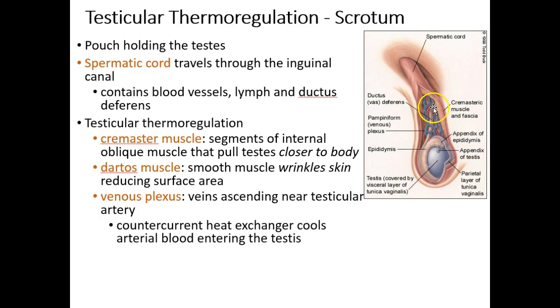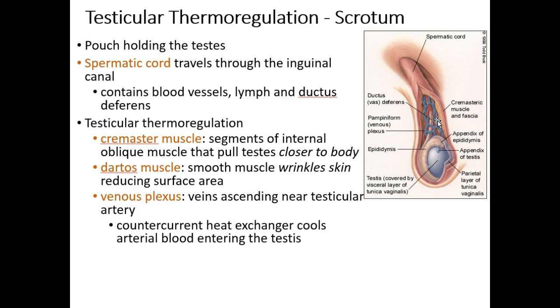It's designed to pull the testes closer to the body when the testes get colder, and push the testes away when the body gets warmer. Sperm is designed perfectly for 35 degrees Celsius, and our internal temperature is 37 degrees, so it doesn't make for a good environment for sperm.